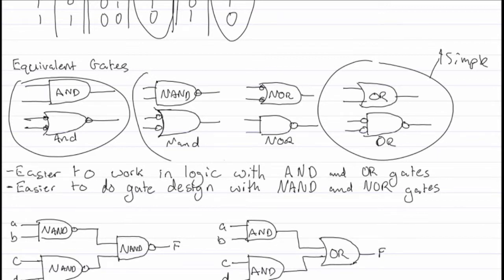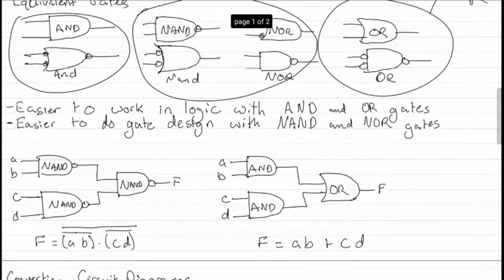When you have a circuit with NAND and NOR gates, it's actually much harder to see it, and you can see that down here in this example. This is a circuit that has a bunch of NAND gates, and you can see the logical equation that's associated with this circuit.